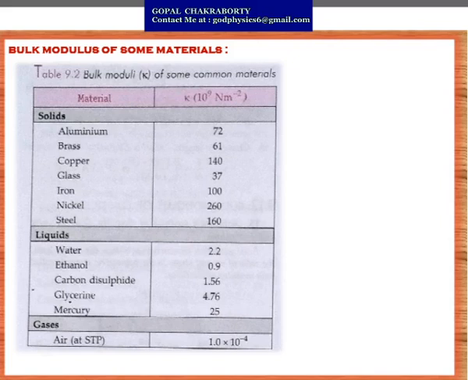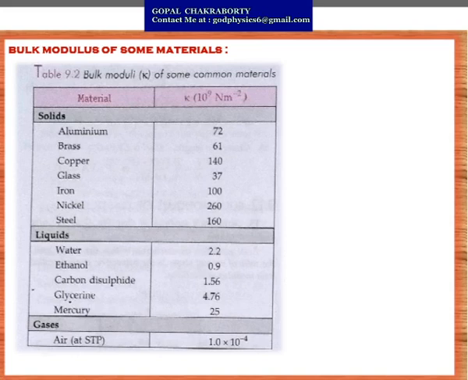Iron has a bulk modulus of 100 into 10 to the power 9. Nickel, 260 into 10 to the power 9. Steel is 160 into 10 to the power 9. Water is 2.2 into 10 to the power 9. Ethanol is 0.9 into 10 to the power 9.